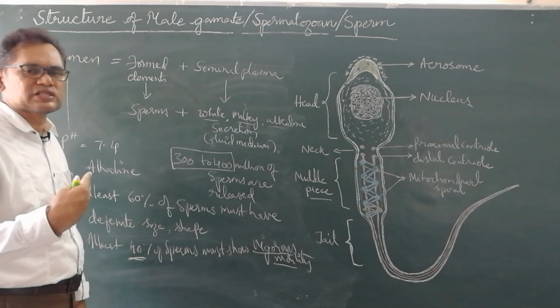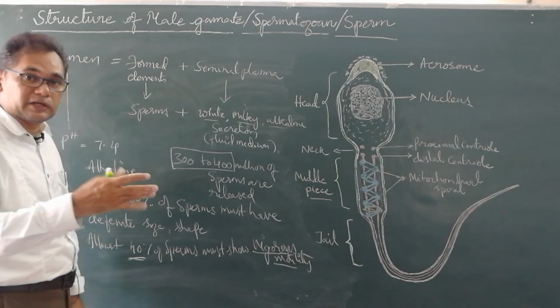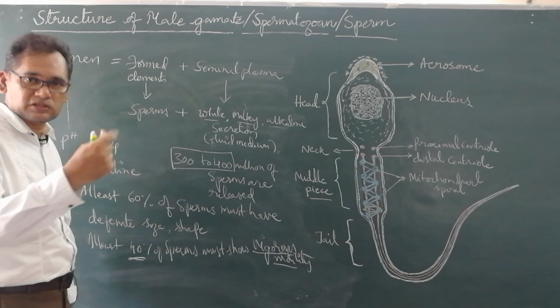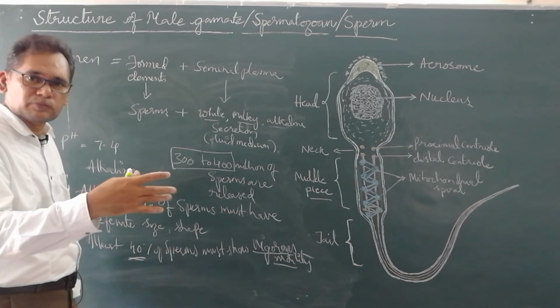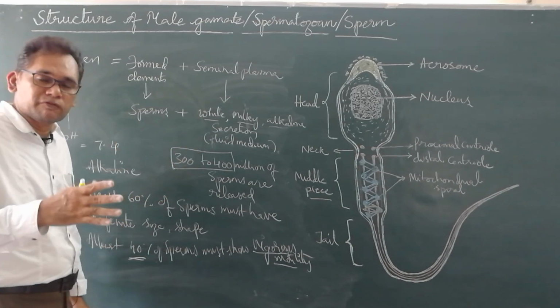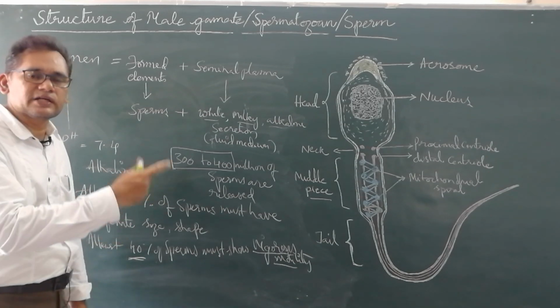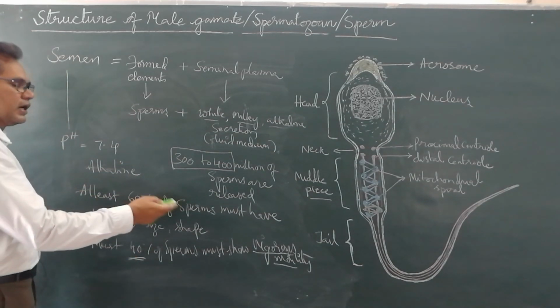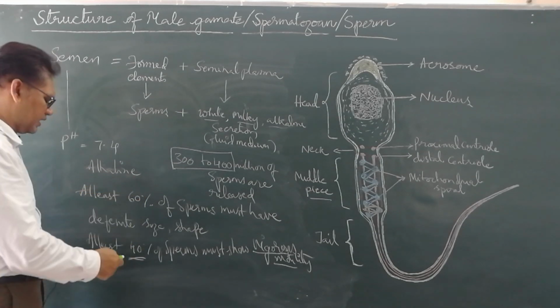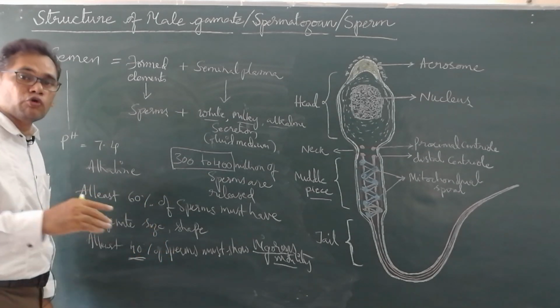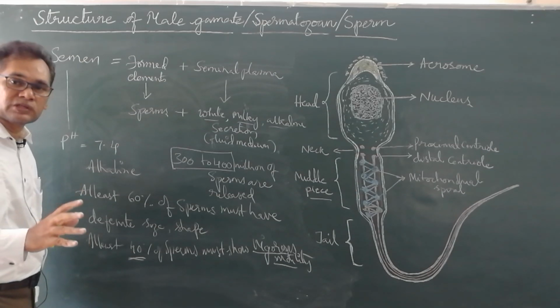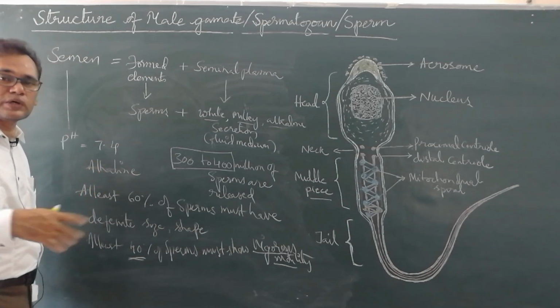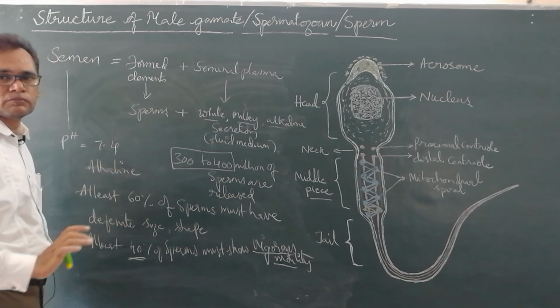Vigorous motility means not normal motility, but very fast movement. When they move very fast, then only fertilization can occur.